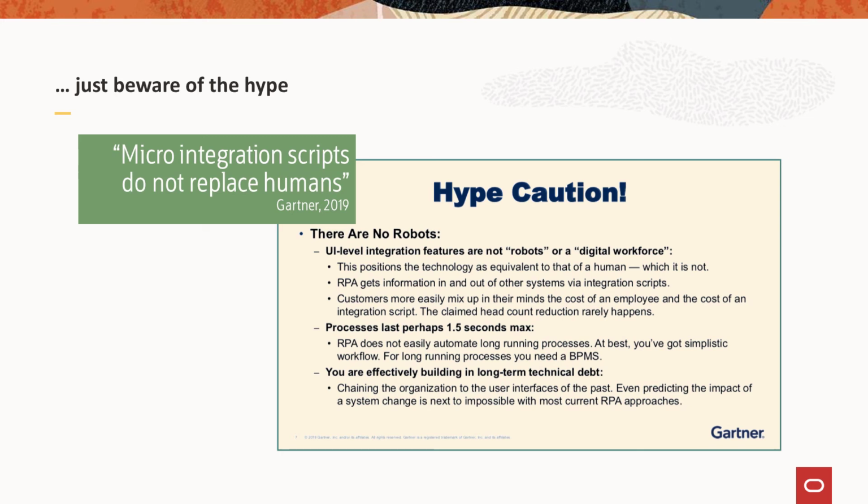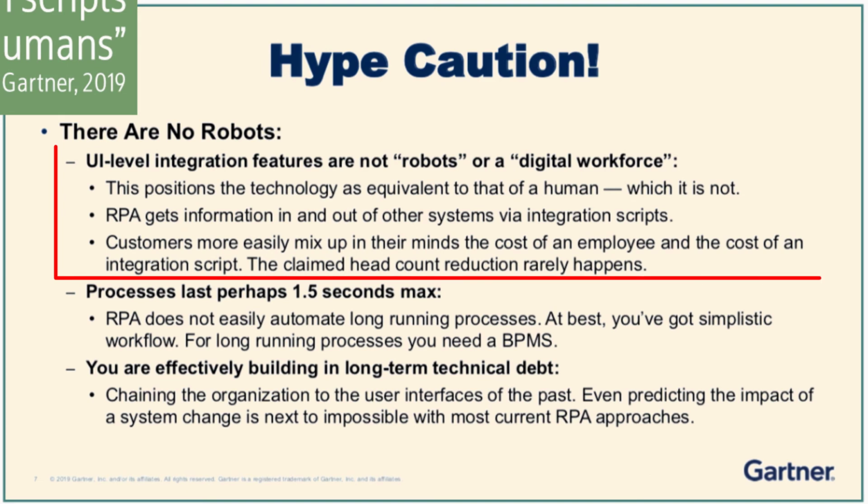One thing that you would want to look at, and this is from Gartner, is that micro integration scripts, which are essentially what RPA robots run, are not replacements for humans. So some of the things to consider: from a UI level integration perspective, robots are not a replacement for a human person.